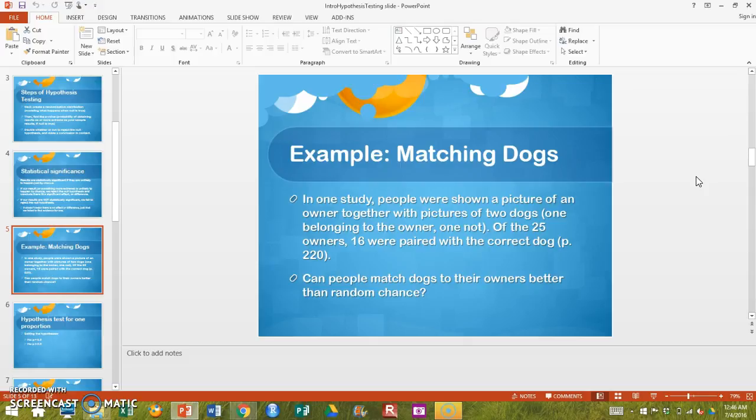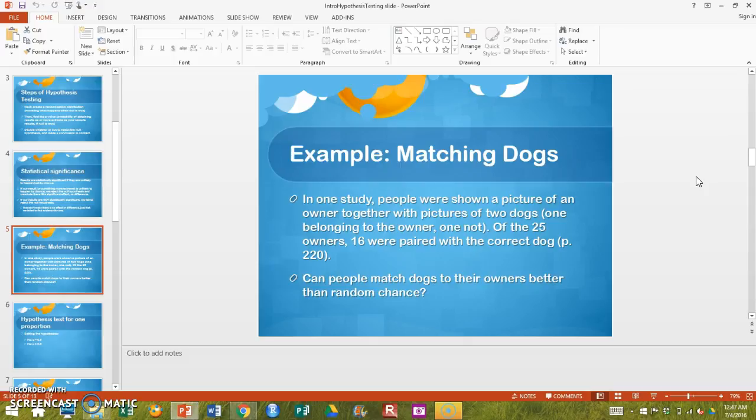So let's say we have this study, and this is in the book, and there are 25 dog owners. And in this setup, there are 2 dogs associated with each owner in a picture. Individuals needed to be paired with their correct dog.